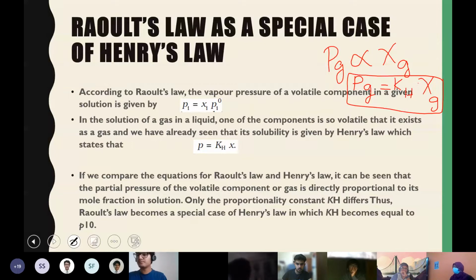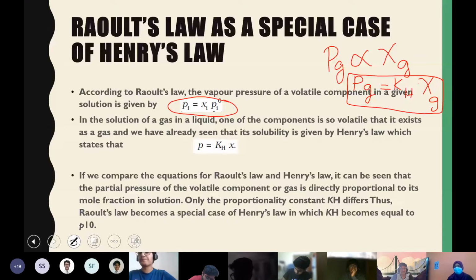But what is Raoult's law? Raoult's law shows the relation between partial vapor pressure and the vapor pressure of the pure solvent. Here you can see again the definition is partial vapor pressure directly proportional to its mole fraction.